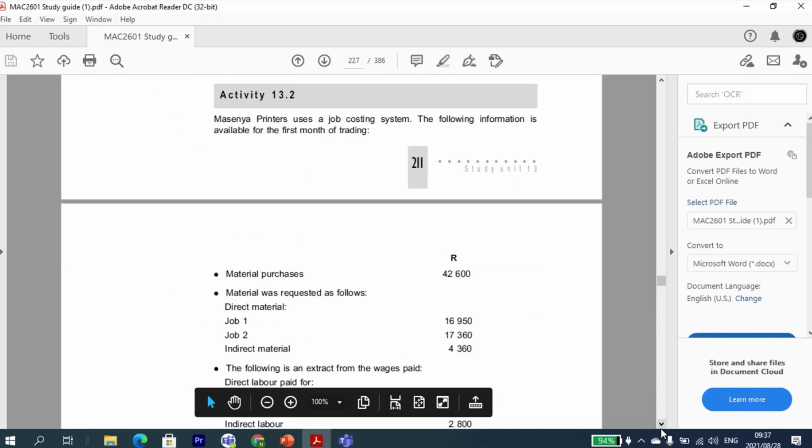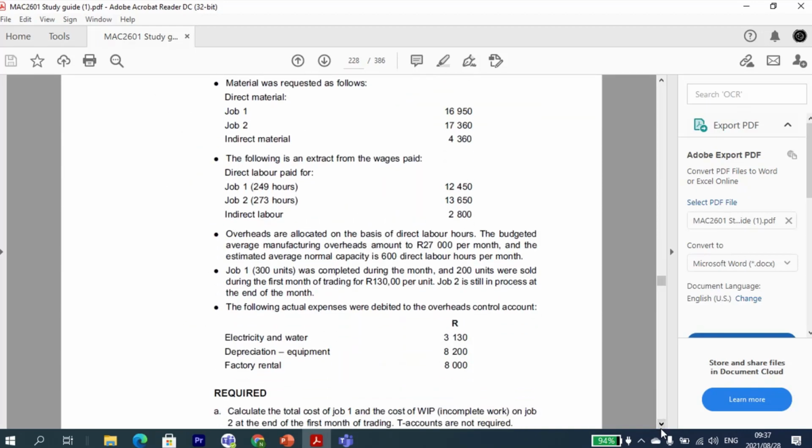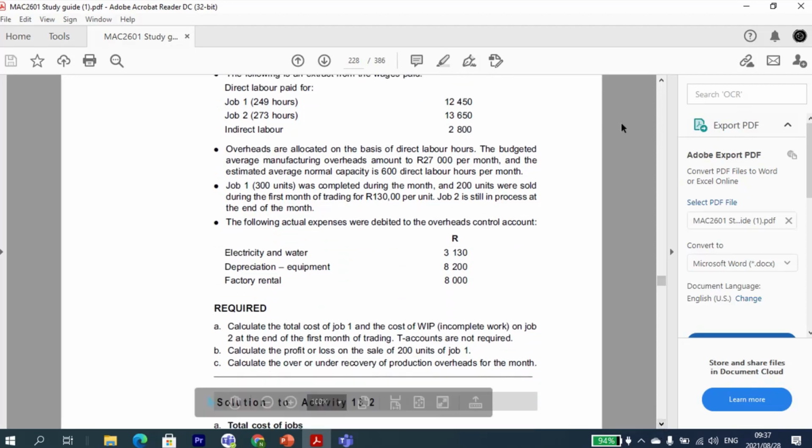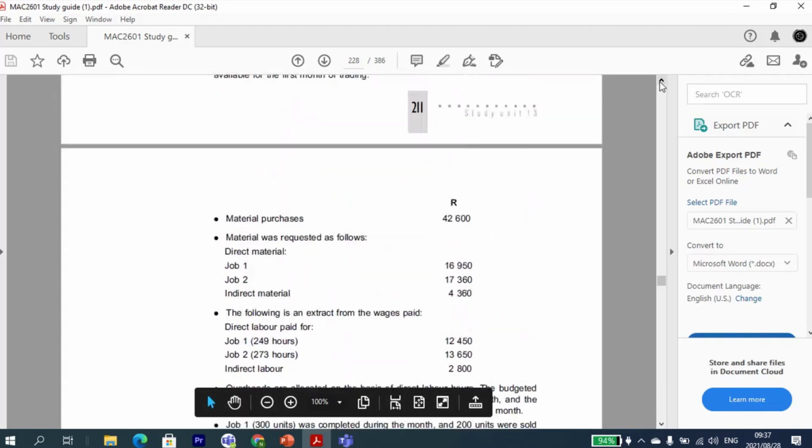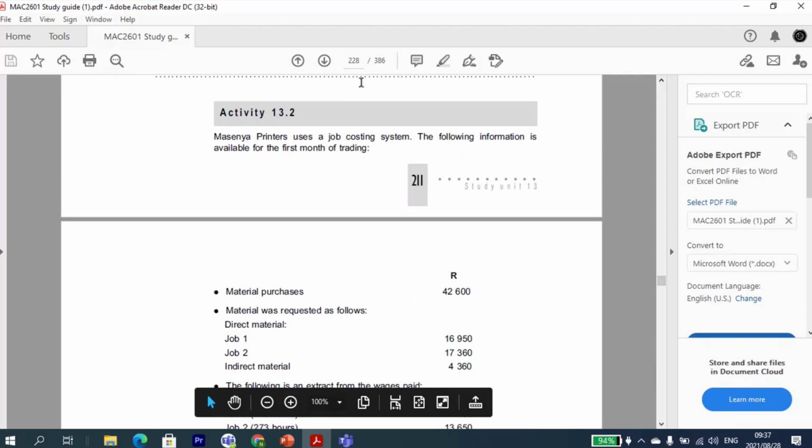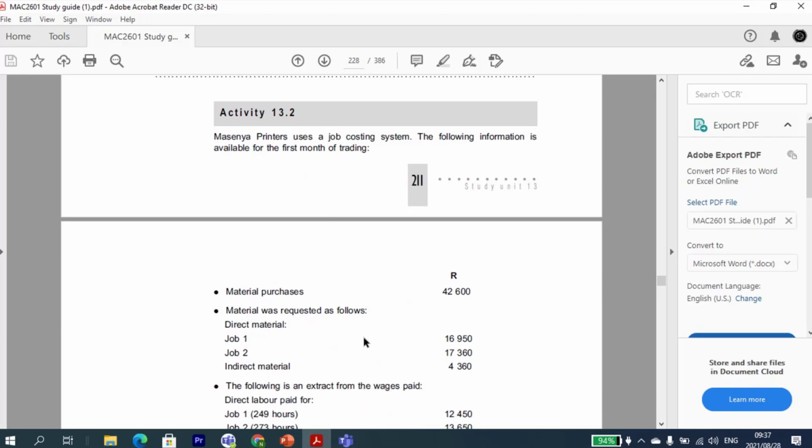All right. So now I want you guys to do activity 13.2. As we always do our activities, I will read the activity to you. We will look at the required, and then I will give you a specific time allocation as to how long you should do the activity.